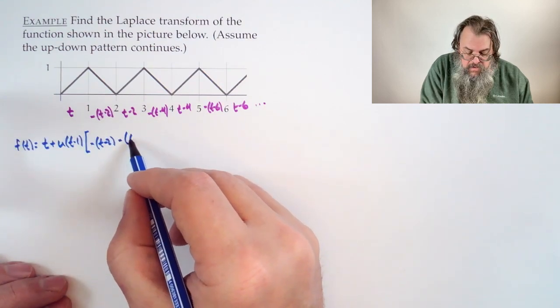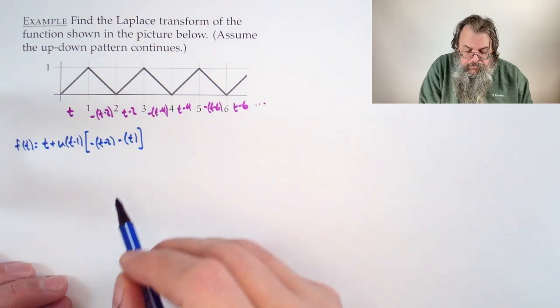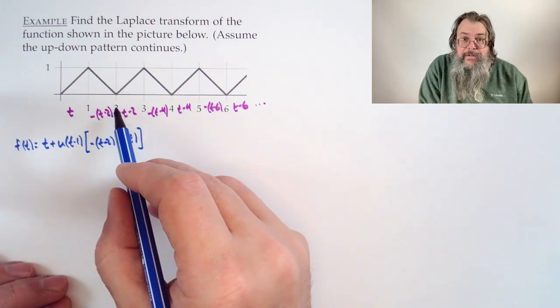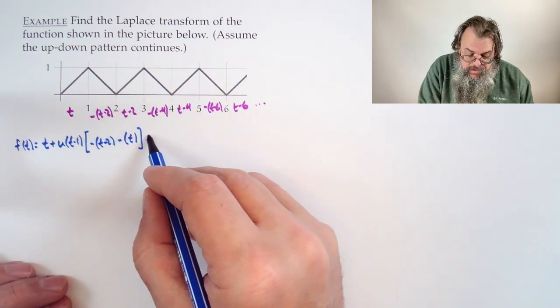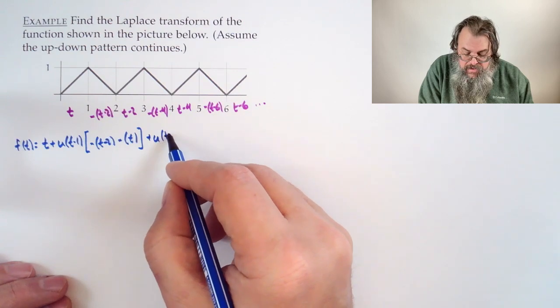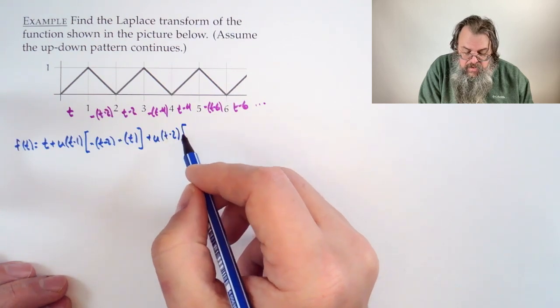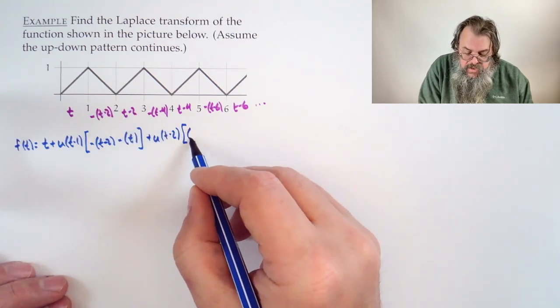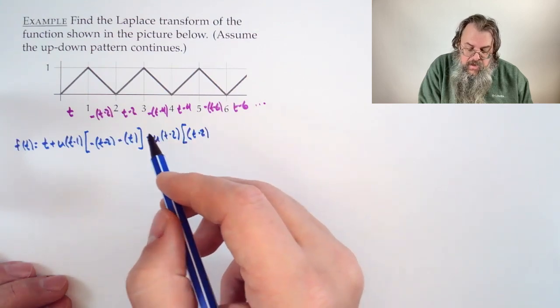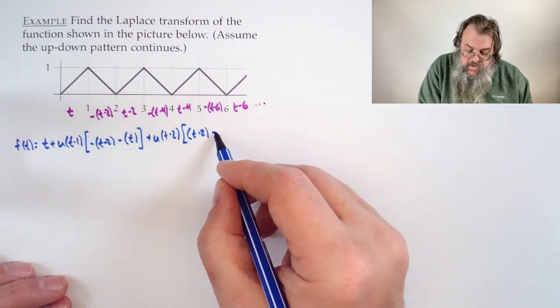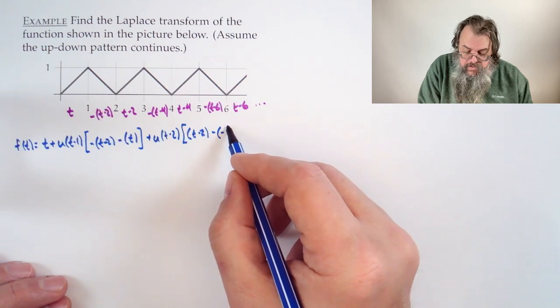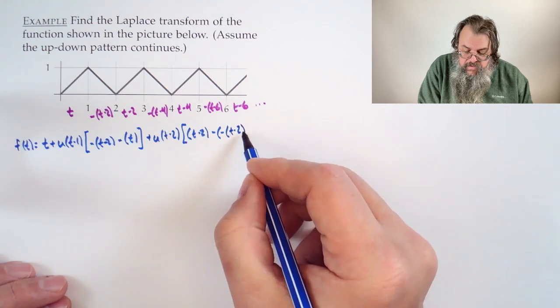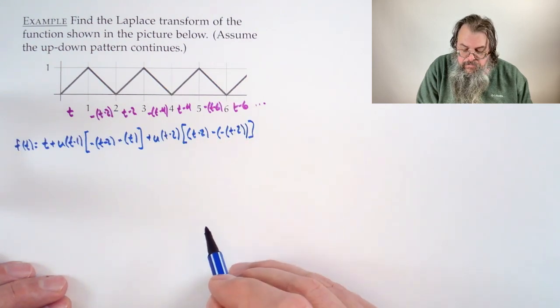So in this case, t. Now we go to our second place where we change, which is at time 2. So u of t minus 2. And our behavior afterwards is t minus 2. And we're going to subtract the behavior that came before. So subtract minus t minus 2.